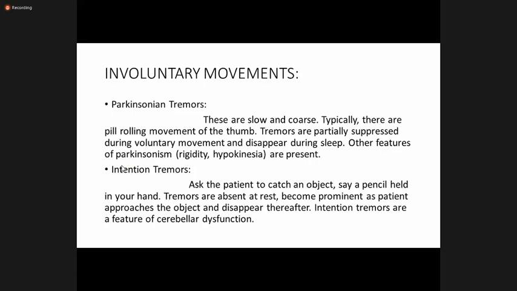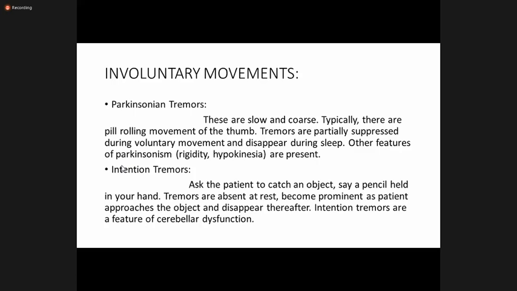Parkinsonism tremors. Parkinsonism is a disease of old age, not of the pediatric age group, but you must differentiate. You must know the Parkinsonism tremors from the intentional tremors. In Parkinsonism, these are slow and pause. Typically, there are pill rolling movements of the thumb.